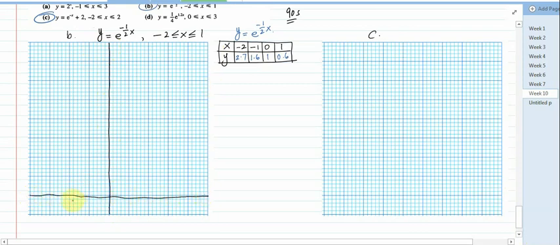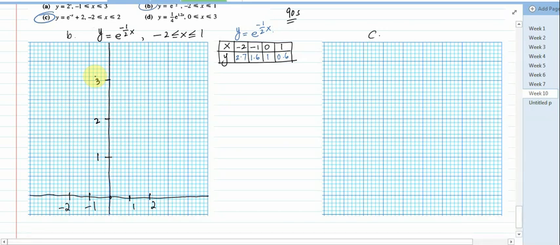Firstly it will be minus 2, minus 1, 0, 1 and 2. After that I need to plot the values on the y-axis. I can observe that the highest value I'm getting on the y-axis is 2.7, so I will draw the graph with 1, 2 and 3. Make sure that 70% of the graph is occupied. That is the proper way to draw the graph.